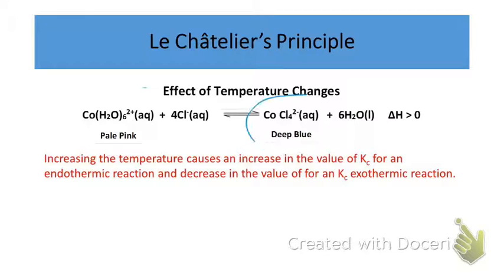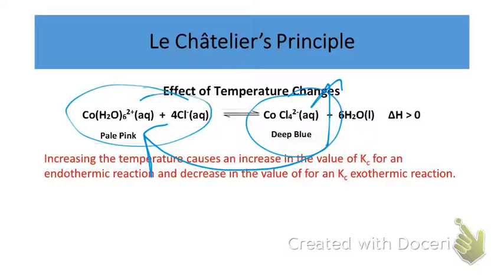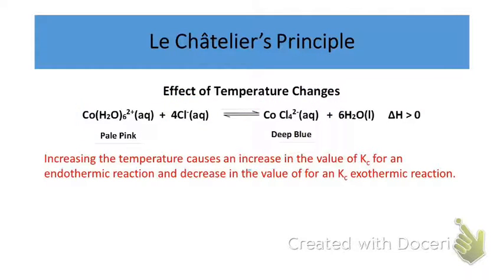Remember, if this product goes up, then we should shift the equilibrium in this direction to create more reactant, and the product concentration should go down. That causes an increase in reactant concentration at the new equilibrium, and we should get a pale pink solution at that point. Okay, so disrupting equilibriums and changing concentrations can change the color of the solution itself.